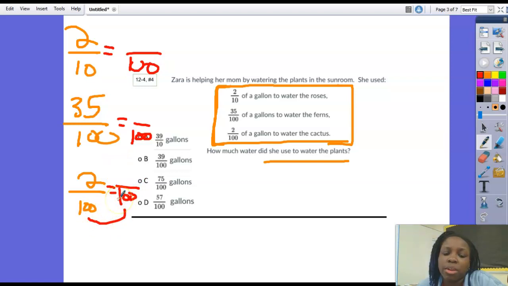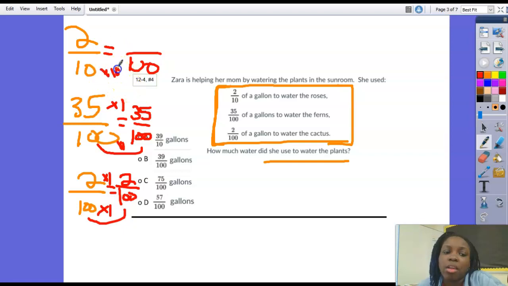Now I'm just going to change my numerators. So 100 times what equals 100? Excellent, 1. So what will be my numerator right here? Good. If I times it by 1, 2 would be my numerator. All right, 100 times what equals 100? Great, 1. And when I times it up here, what is my numerator? Good, 35. All right, and then this one right here, 10 times what equals 100?